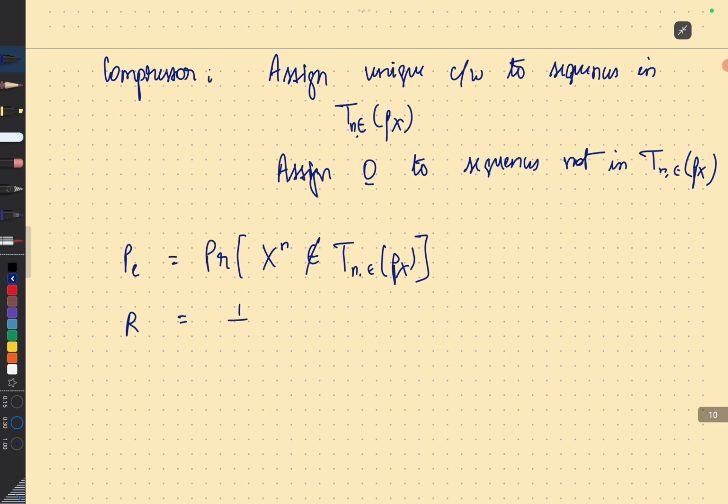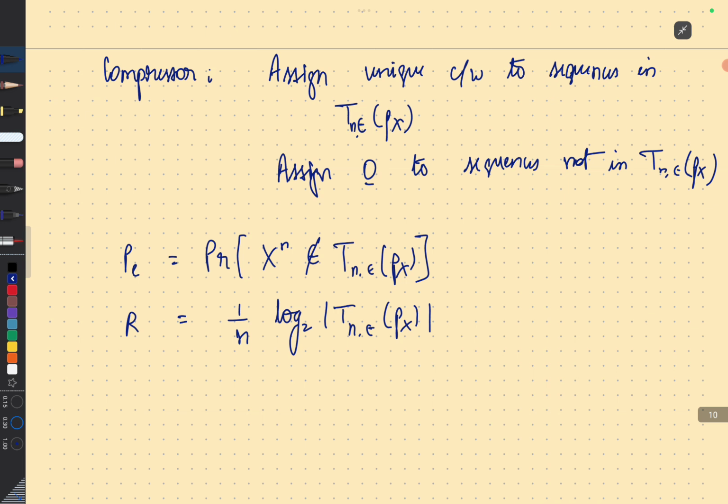It's 1 over n times log cardinality of T_n epsilon. Any questions?